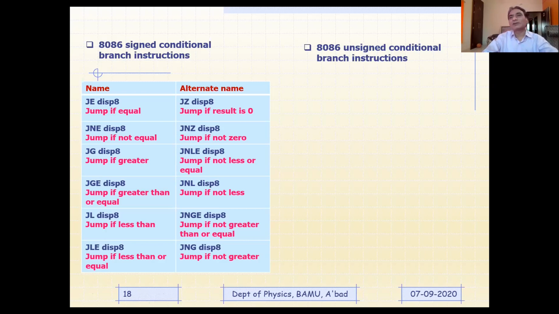Let us say we have a compare instruction: compare AL comma BL. These jump instructions are always used, whenever we are talking about conditional jump in particular, because an unconditional jump can appear wherever you want in the program.